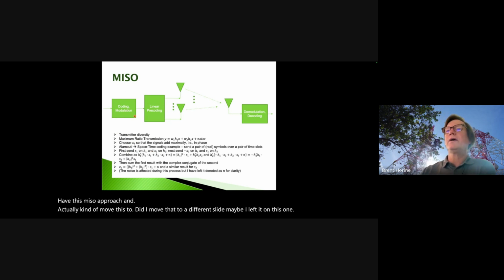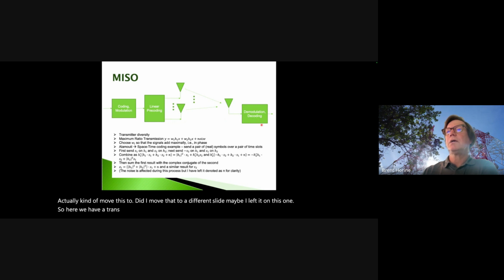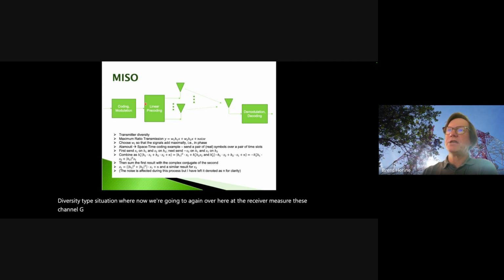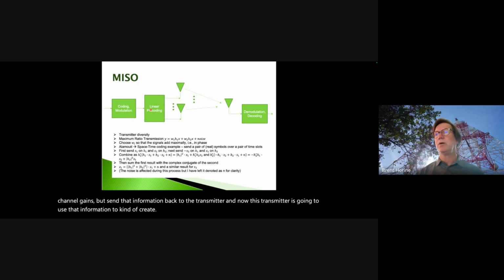So here we have a transmitter diversity situation, where again, over here at the receiver, we measure these channel gains and send that information back to the transmitter. And now this transmitter is going to use that information to create some pre-coding, right?